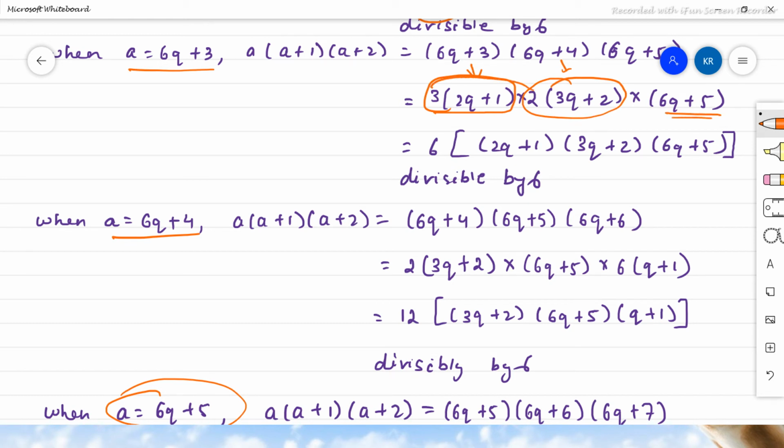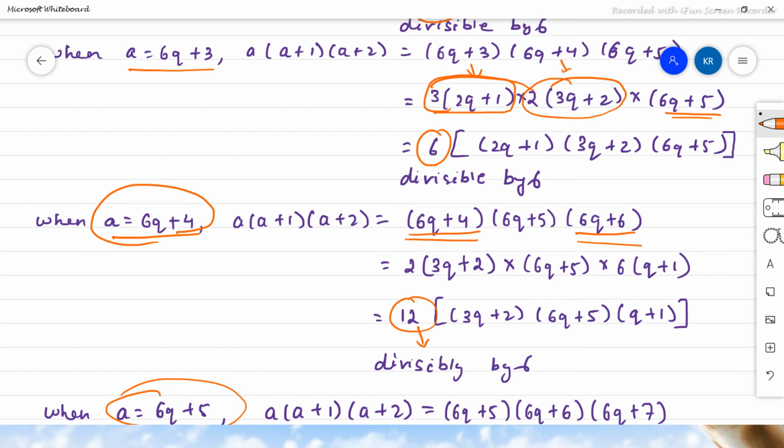So 3 twos are 6, and 6 into something is again divisible by 6. Similarly for 6q plus 4, from here we can take out 2 as common, and from here 6 as common. So we have got 12 multiplied by 3q plus 2, 6q plus 5 and q plus 1. Here too it is divisible by 6. 12 into something is divisible by 6, right?